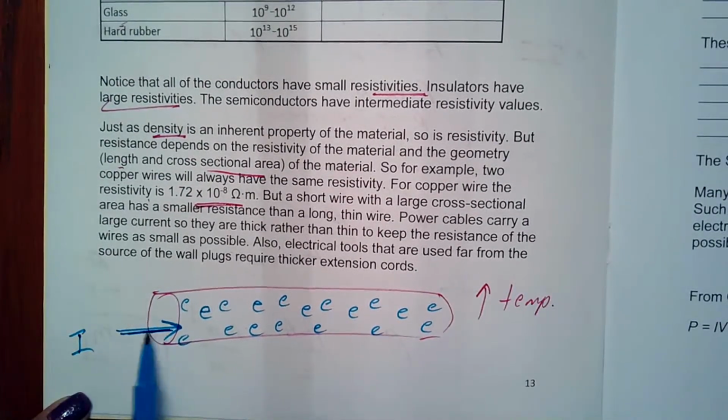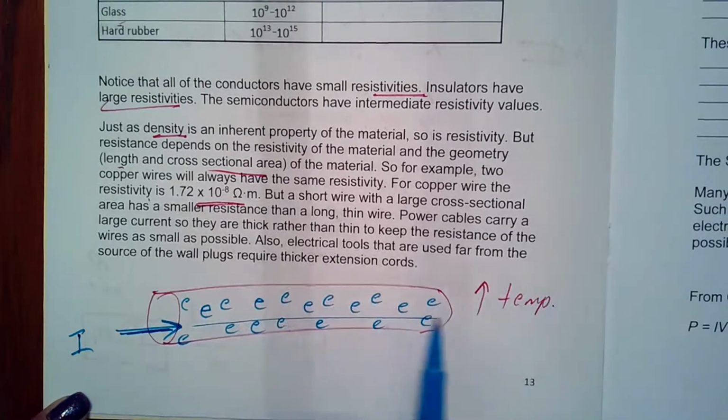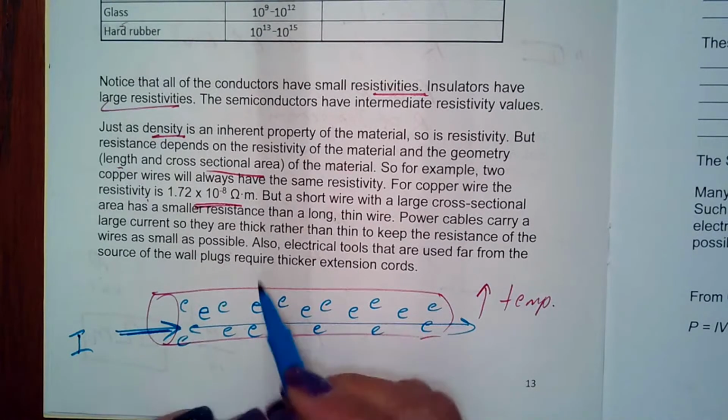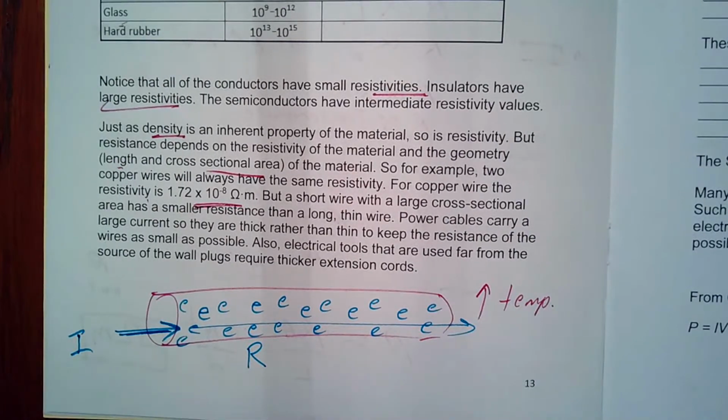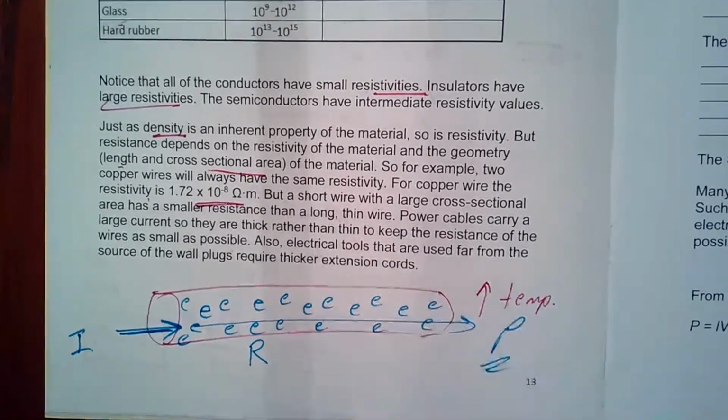This current is going to have a harder time going through this material because the electrons of the wire itself are now running around faster and in random directions. So it's going to offer more resistance. The higher the temperature, the more resistance that material is going to have, because the resistivity is going to increase.